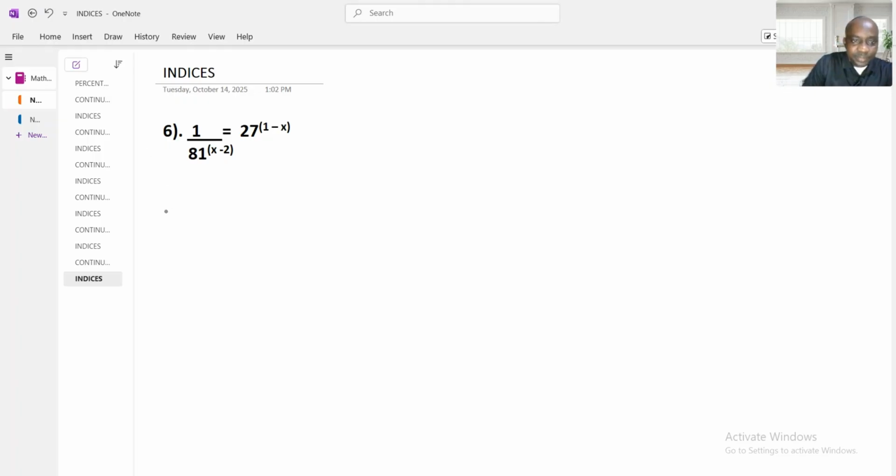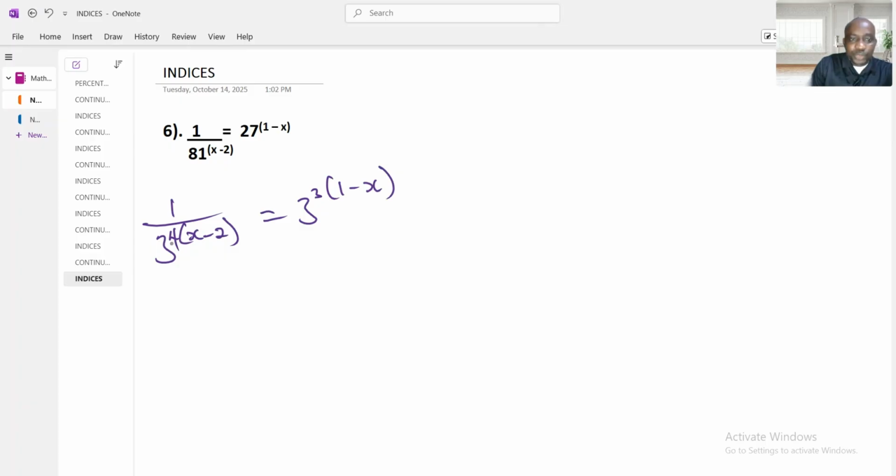Now let's begin. 1 divided by 81, we replace it by 3 raised to the power 4, with the brackets x minus 2 there already. And 27, we replace by 3 raised to the power 3, with the brackets 1 minus x. Now, what are we going to do?